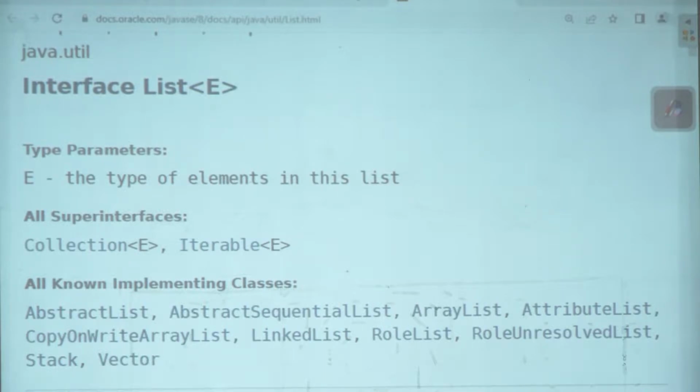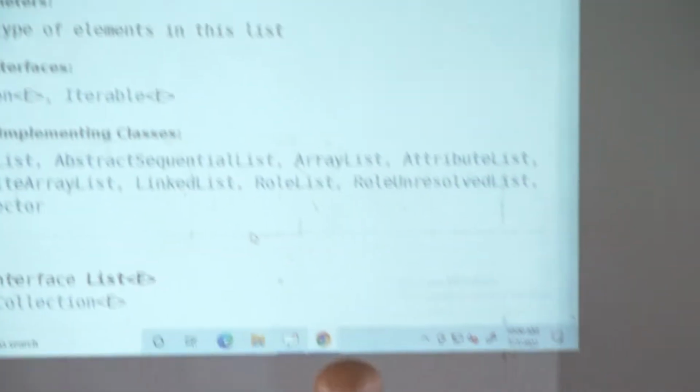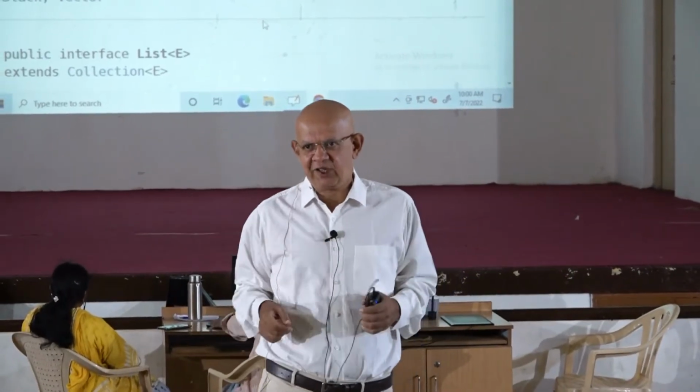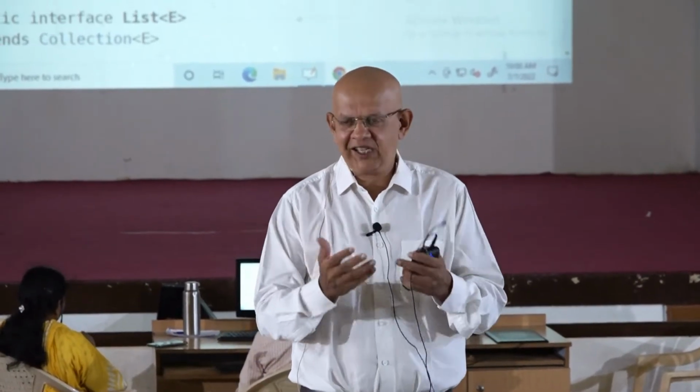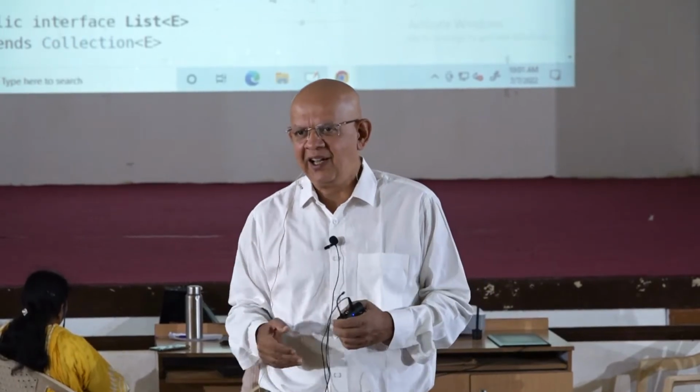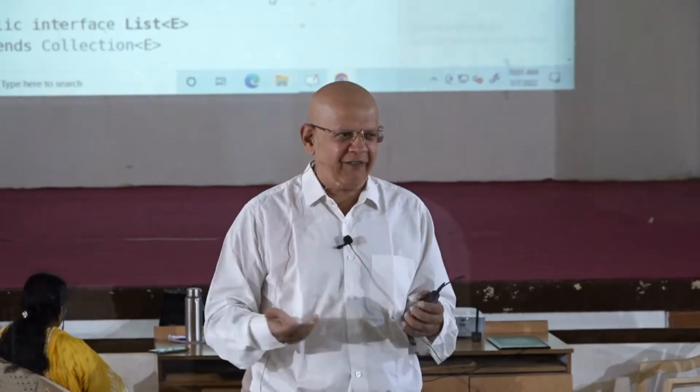Another interesting one for some of you would be the stack. The stack also is a list, only instead of being an unrestricted list, it is restricted in terms of push and pop. The only three methods popular on a stack are push, pop and peek. Peek is just to look at the top element without retrieving it. And obviously you have other methods like isEmpty, which are always there.